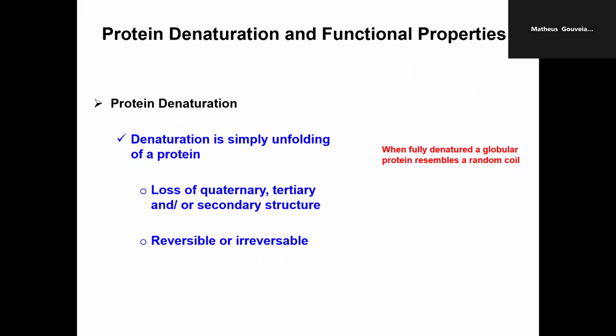So if we want to explain denaturation, it's simple unfolding and changing the ordered structure, or the most stable ordered structure, of a native protein. When a globular protein is denatured, it resembles a random coil, but that doesn't mean you lost completely all secondary structure.